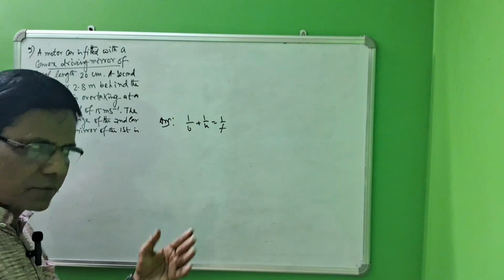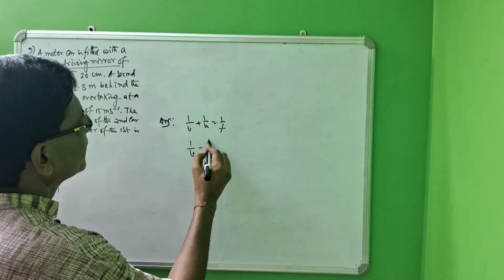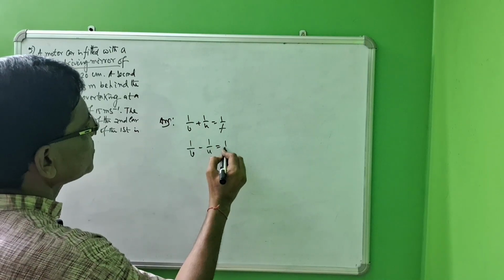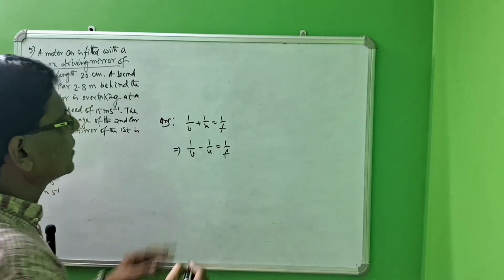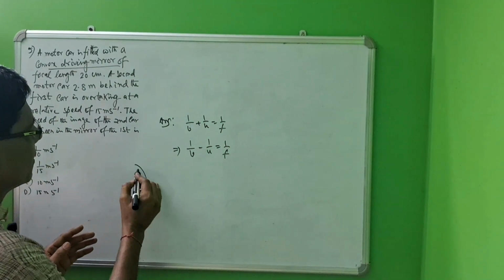At any instant, we get 1 by v minus 1 by u equals 1 by f, because here u is negative. There is a convex mirror.